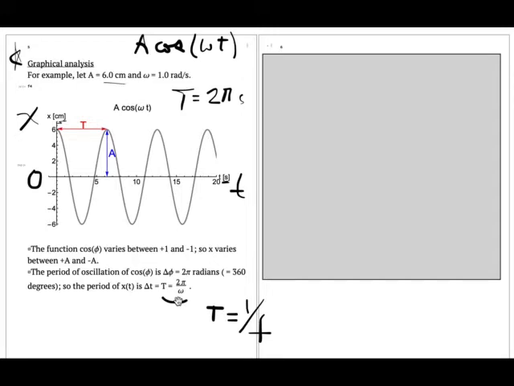All right, so if I take omega to be 1 radian per second, then the period is 2 pi seconds. That's about 6.3 seconds. And it goes from crest to crest in 6.3 seconds. Or from trough to trough. Or from one rising node to the next rising node. That's also 6.28 seconds.